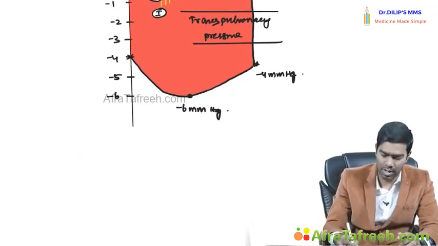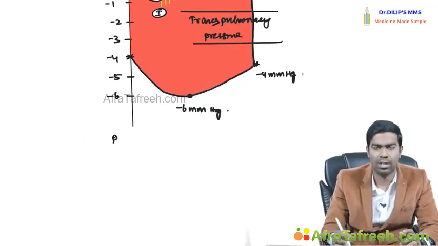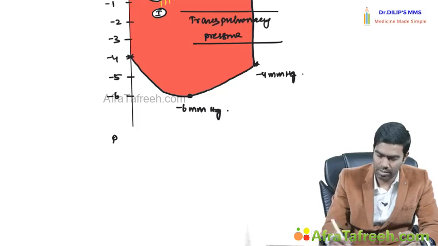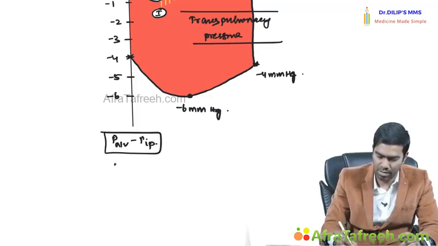I told you, at end expiration, at this point, it is the alveolar pressure minus the pleural pressure. Clear? So the alveolar pressure is 0 at this point, minus the pleural pressure, which is -4, is going to be +4 millimeters of mercury.